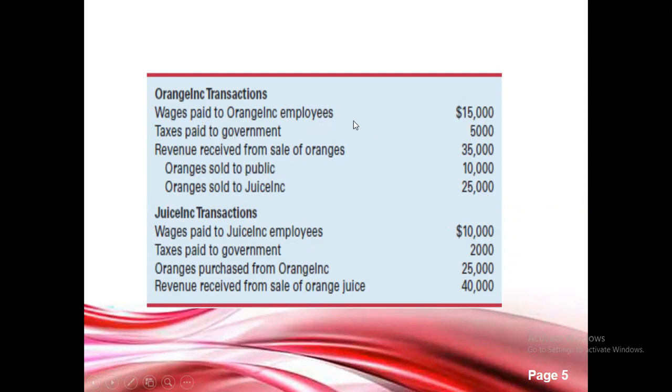Taxes paid to government is 5,000. This company is generating revenue from two sources, one from the public, and another from Juice Incorporate, by selling their oranges to these two groups of people. Revenue received from sales of oranges is 35,000.